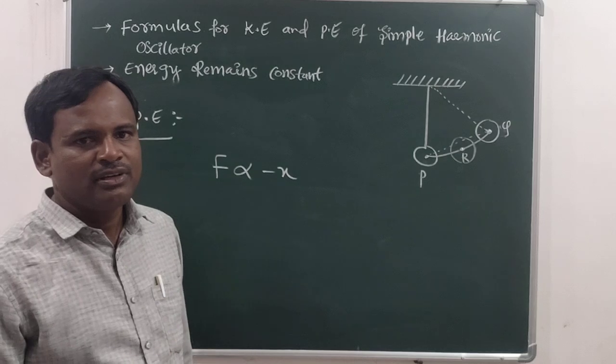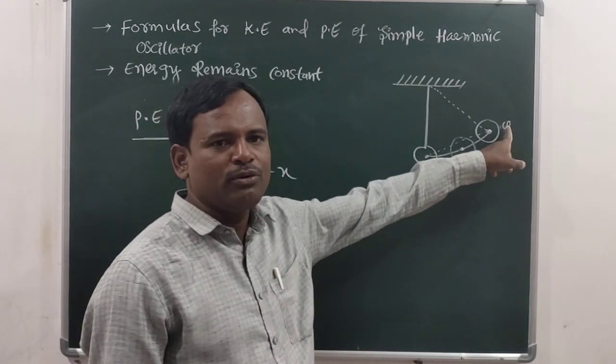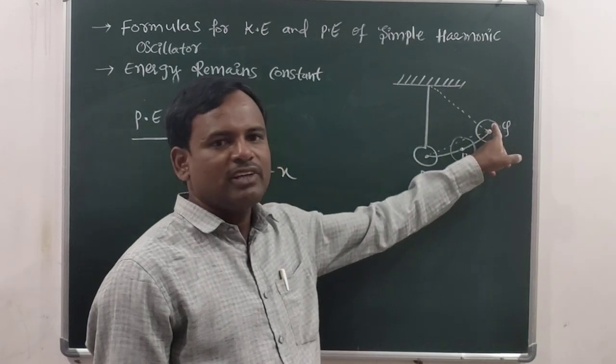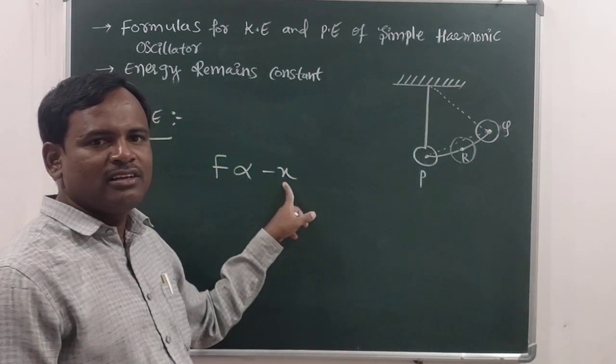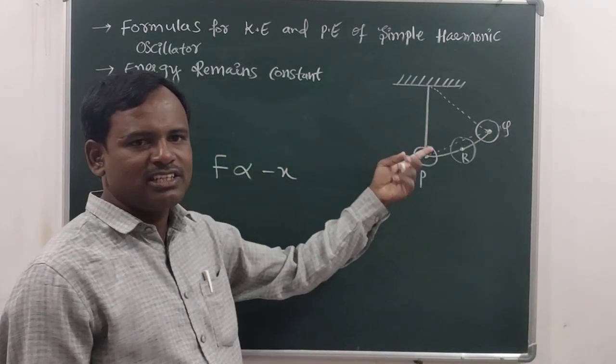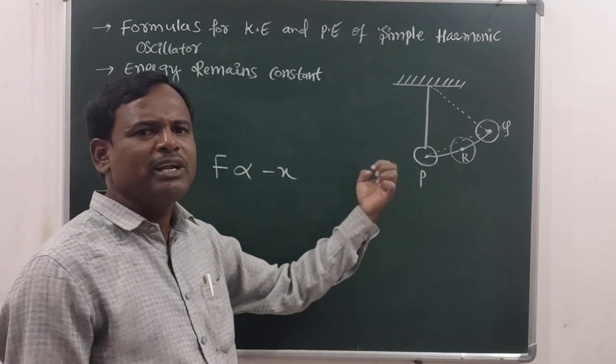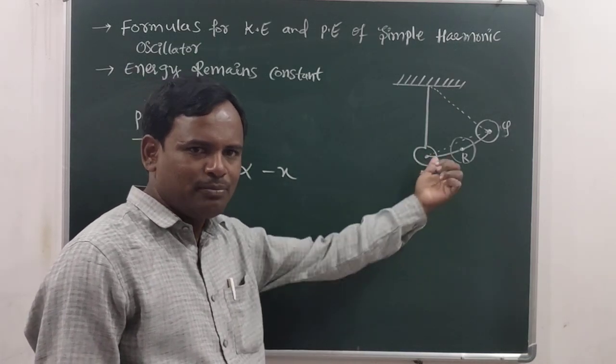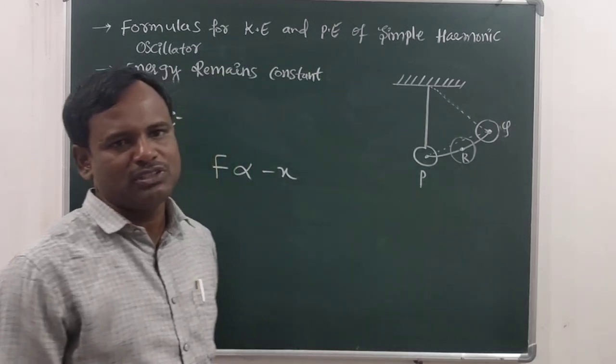Observe that. If you move from left to right towards Q, your x is increasing. So if x increases, displacement increases, and automatically the restoring force also will increase, which brings the bob towards the mean position.